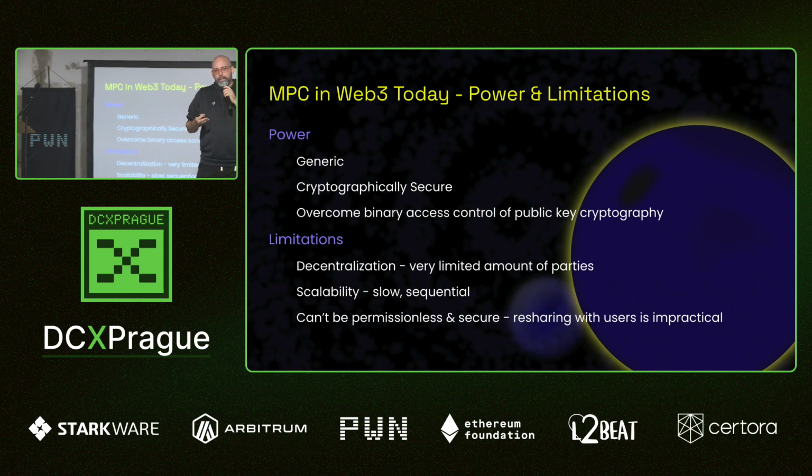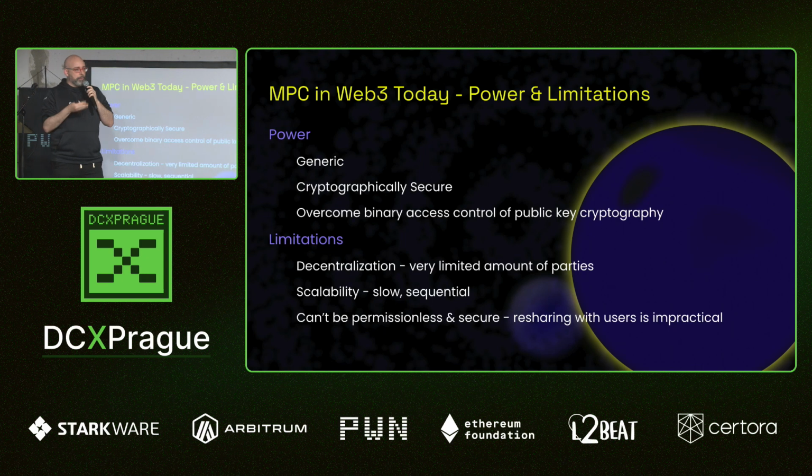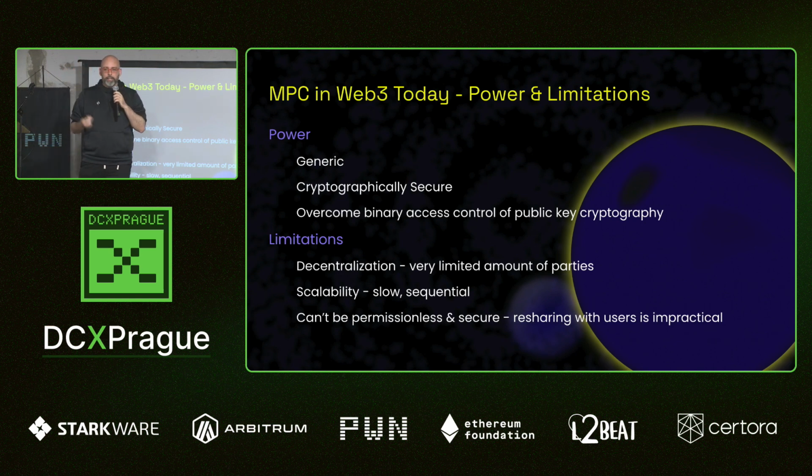Actually, whatever the threshold is, T minus 1 shares will be just as secure as having none of the shares, because it's cryptographically secure. Let's say we have 100 parties and the threshold is 80. If I collected 79 shares, I'm still as close to breaking the key as I was when I had 0 shares. From the cryptographic security standpoint, that's a very important trait.